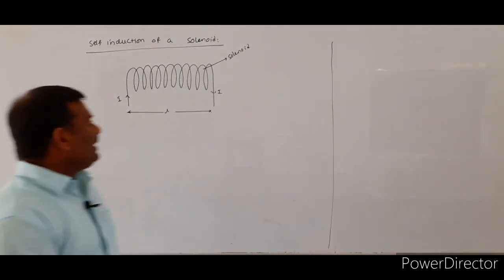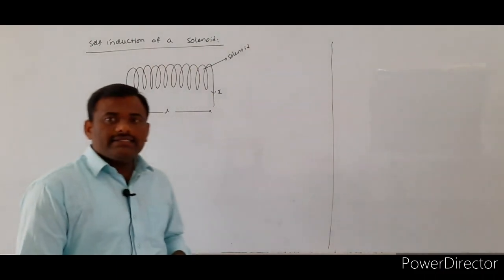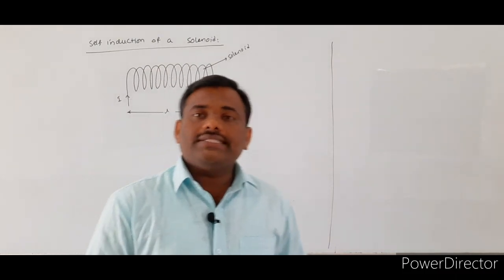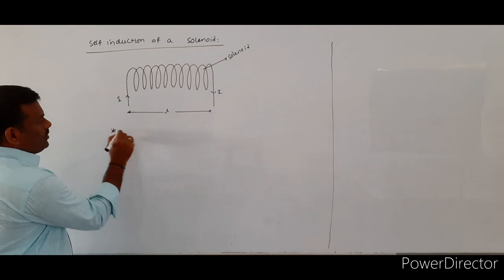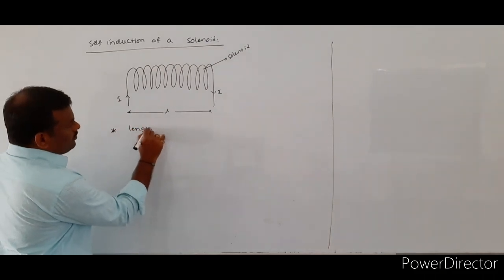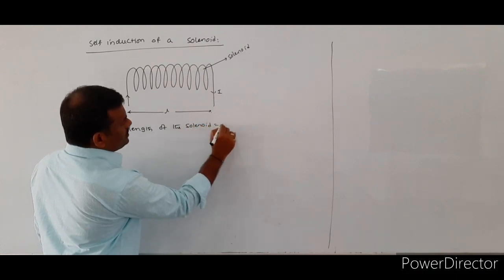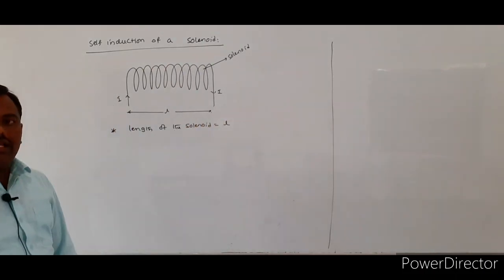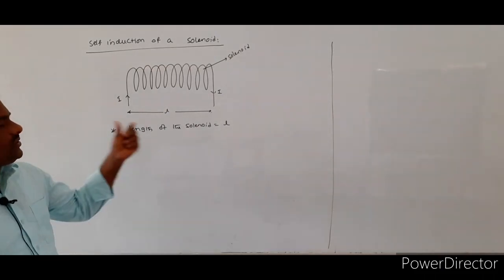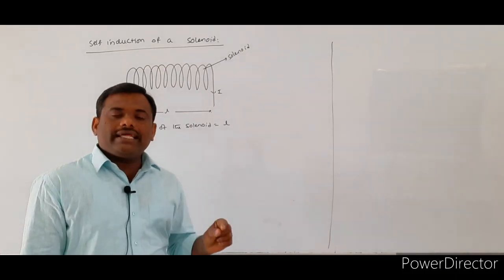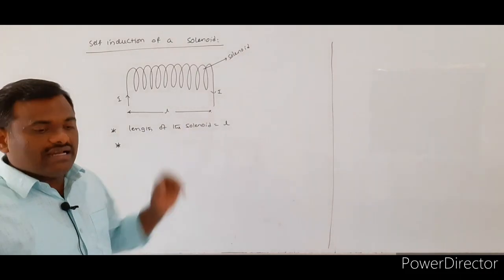Going to the basics once again, here we consider a long solenoid whose length is small l. And we assume that the solenoid consists of a capital N number of turns.